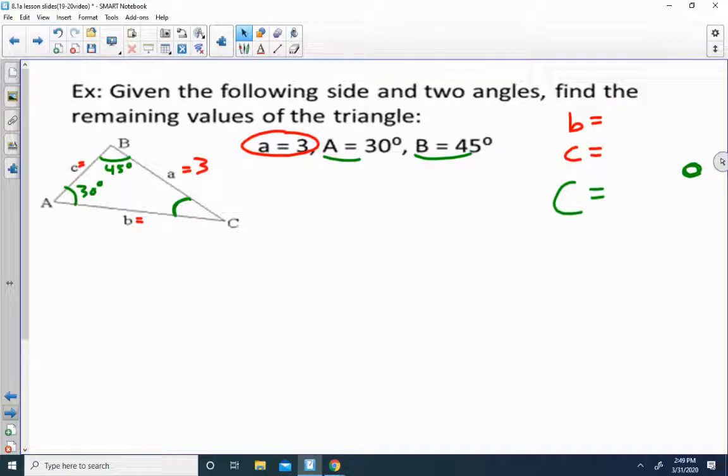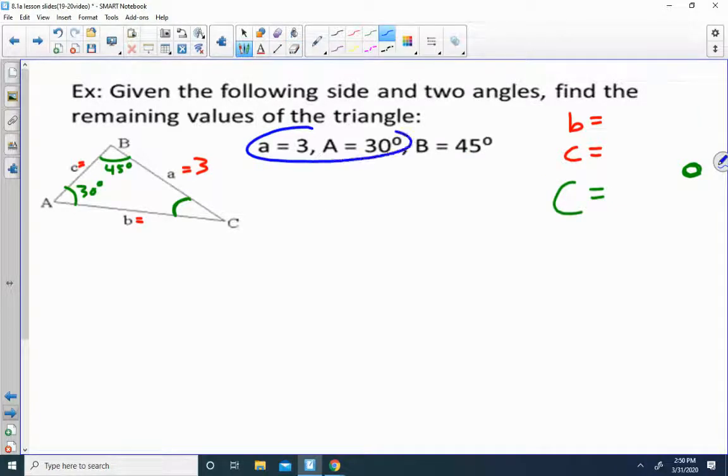Okay, so using this information, and usually the key is that you can only use sine whenever you have a pair. Like here, we have big A and little a. So in other words, we have a pair of A's.